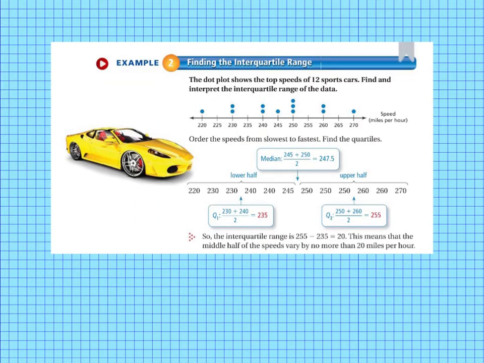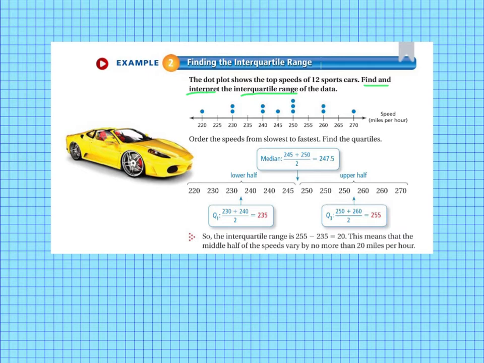So we're going to take a look at example 2, which is finding the interquartile range. The dot plot shows the top speeds of 12 sports cars. Find and interpret the interquartile range of the data. It shows you all of their speeds on this little plot, and it says order the speeds from slowest to fastest.